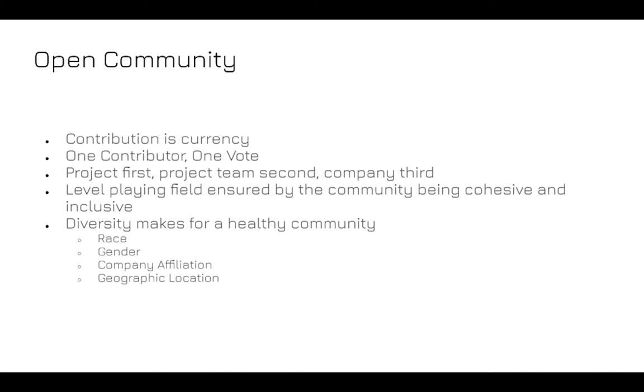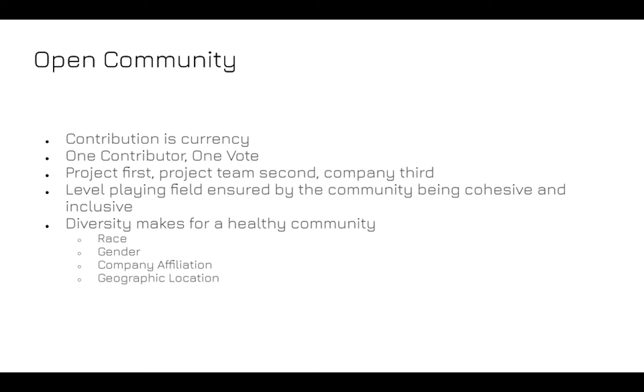And then as a third thing, your company loyalties come third after those 2 things. And that's really hard, and a lot of companies don't like that, but that is how you ensure the health of your software or your open source project and your open source community. Because obviously everybody is going to have different priorities, and those are going to be influenced by the company or organization they work at.